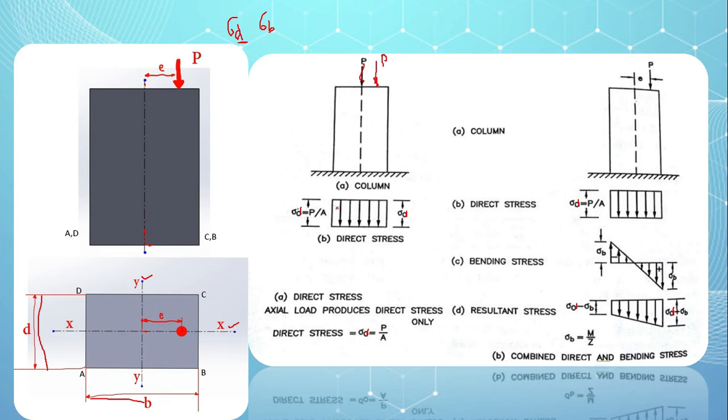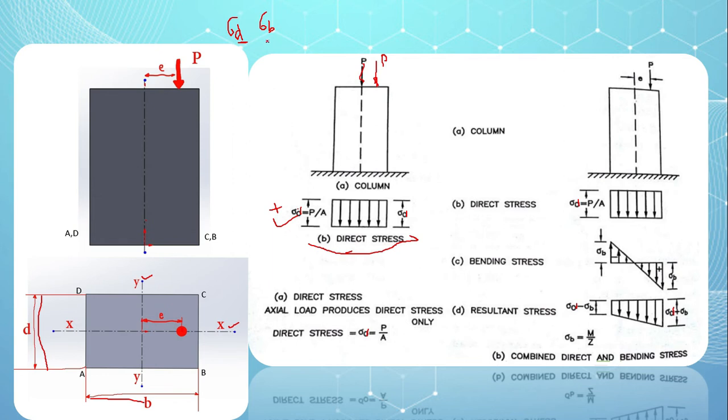Remember, this sigma d, the direct stress, will be constant throughout the section of this column, and this will be positive in nature. As this is compressive, we will consider it as positive. So this is our first stress, direct stress, sigma d.